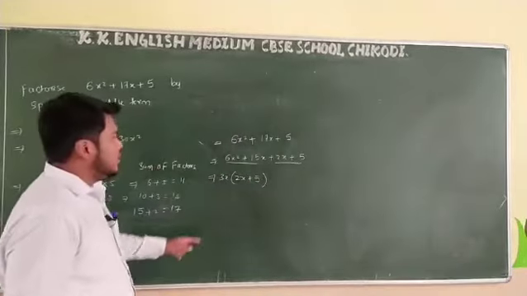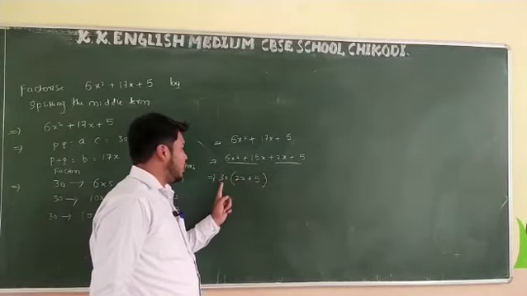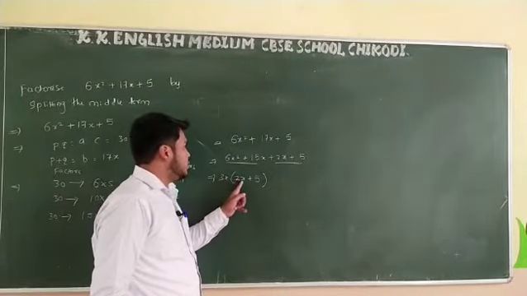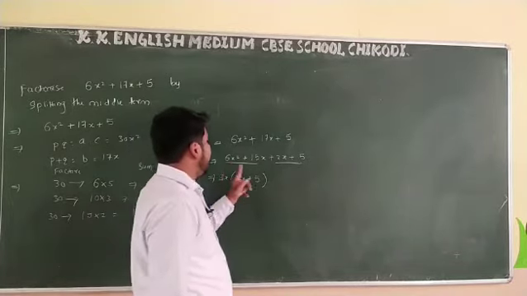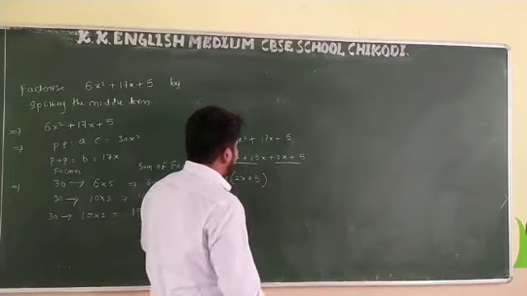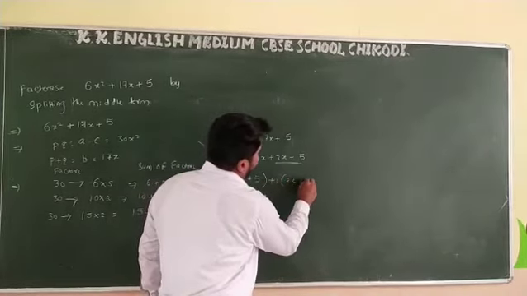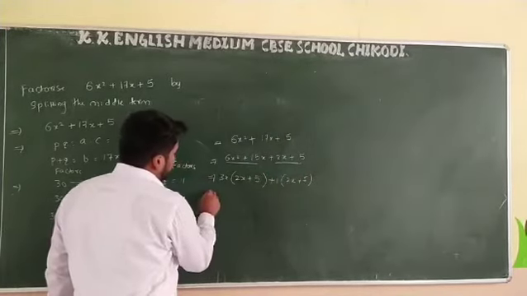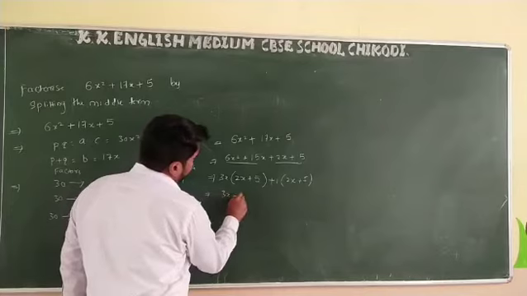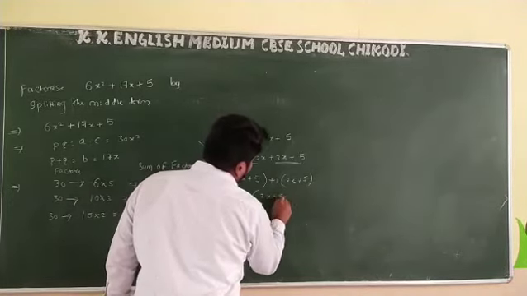In 6x² + 15x, I have taken 3x as common: 3 twos are 6, and the remaining is x, plus 3 fives are 15. Then in 2x + 5, 1 is common. So just separate 3x + 1 and 2x + 5.